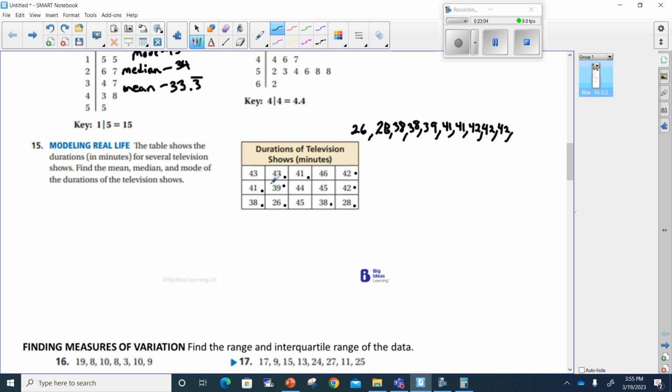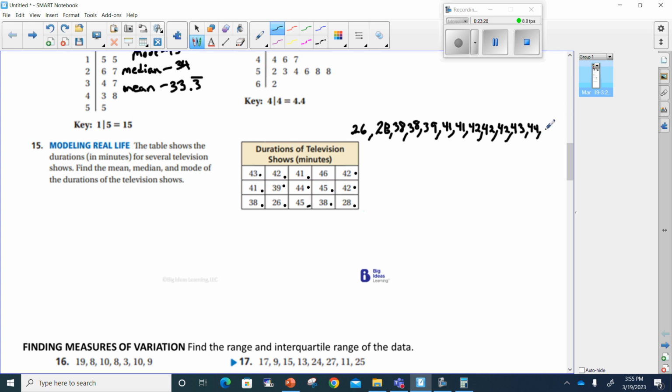And let's look for the 43s. There's only one number that's 43. And 44, there's one of them that's 44. Two that are 45.